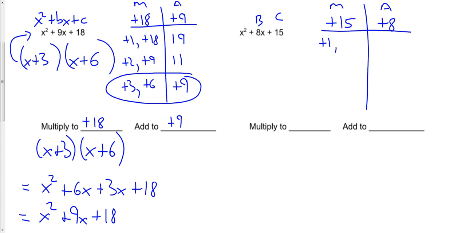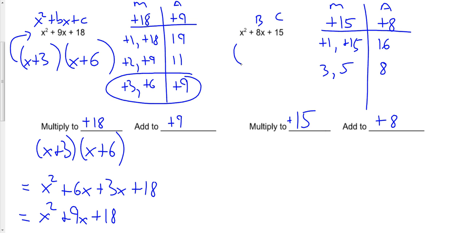Positive 1 times positive 15 equals positive 15, and they add to 16. Positive 2 doesn't work because it does not divide evenly into 15, so I'm going to go with 3. 3 and 5 multiplied together end up at 15, and 3 plus 5 gives me positive 8. So they multiply to positive 15 and add to positive 8.